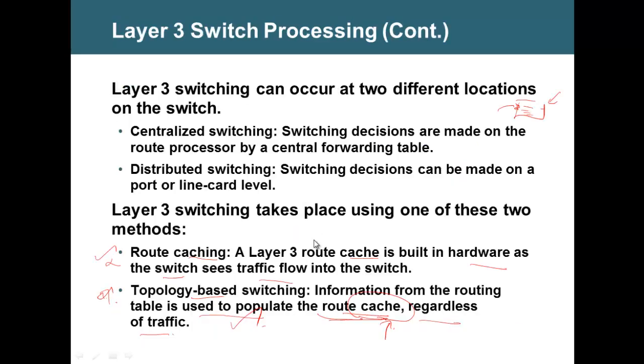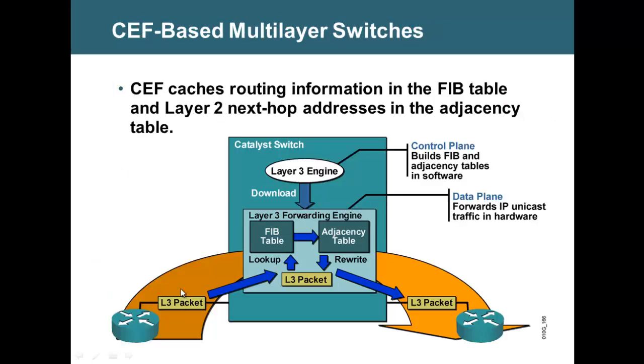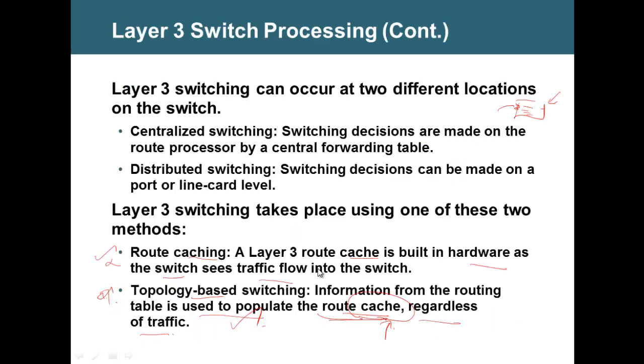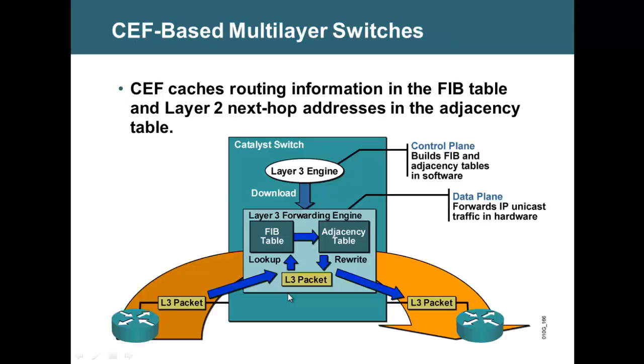So CEF has a combination of these two, and it is not hardware level. It is not a cache. It is software level, so it can quickly refresh. That's why we have CEF. So there is no more route cache or topology based switching. We have CEF, and we already discussed what CEF is.